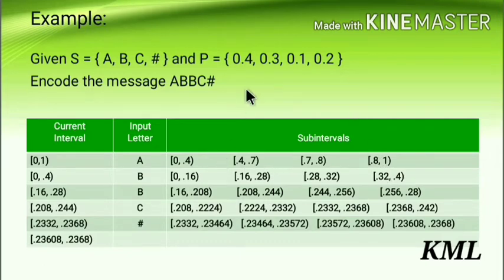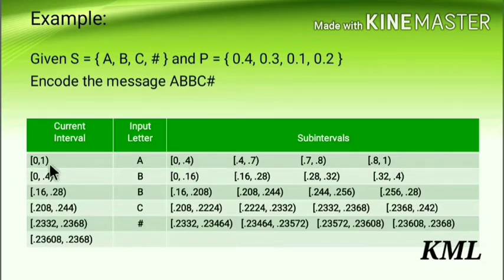So while finding the first subinterval, you have to take the first probability, 0.4. While finding the second one, you have to take the sum of these two. While finding the third, you have to take the sum of these three. And for the fourth, you have to take the sum of all the probabilities. So this way you have to divide this interval into subintervals.